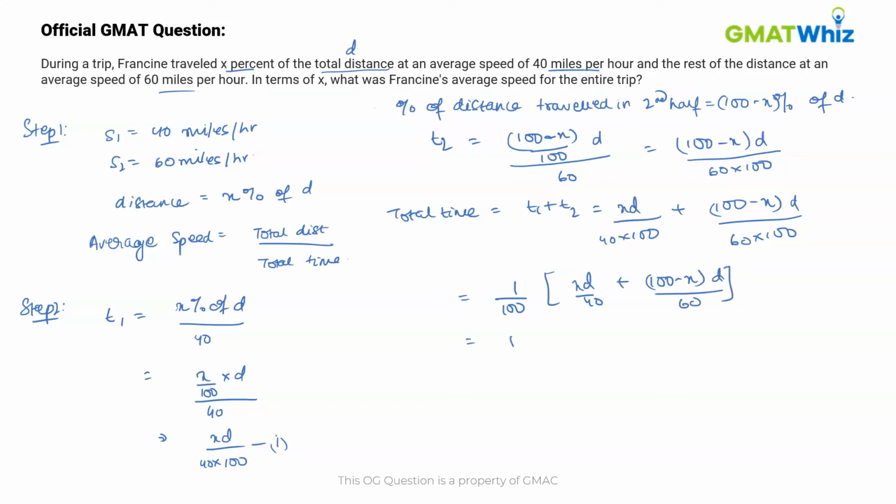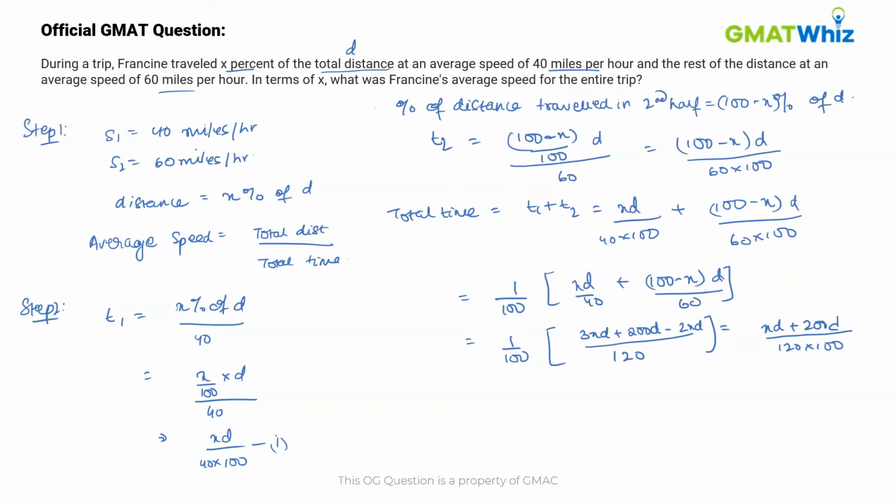Now when I take the LCM, 120 in the denominator and the numerator becomes 3xd plus 200 times d minus 2xd. Now this gives us xd plus 200d divided by 120 times 100.